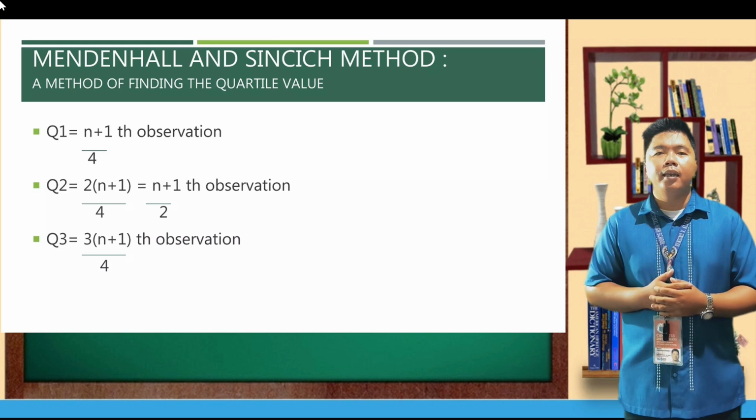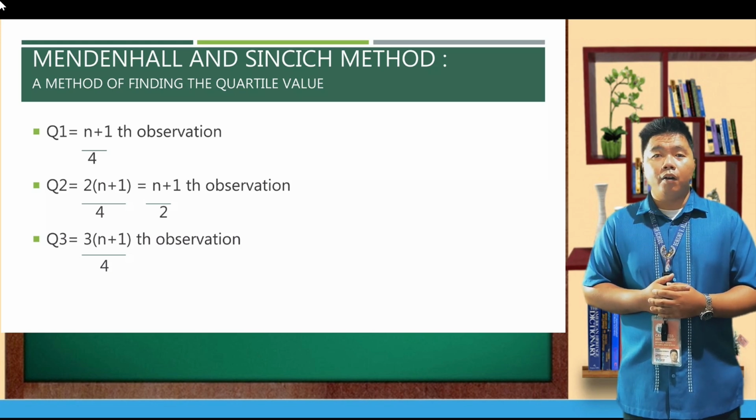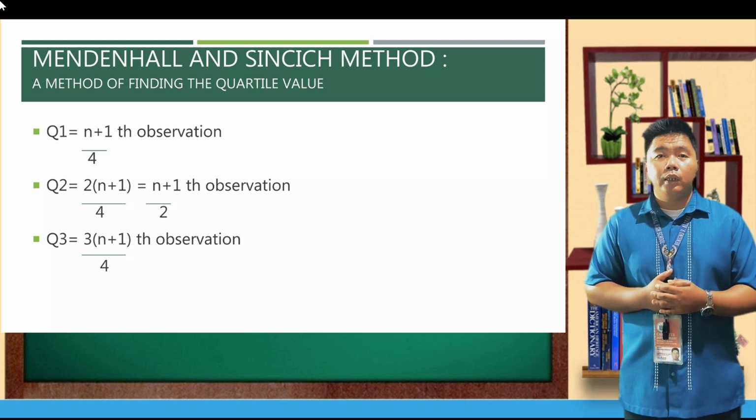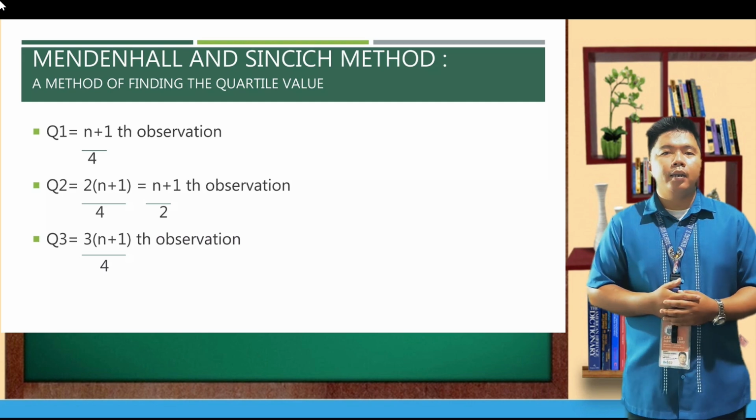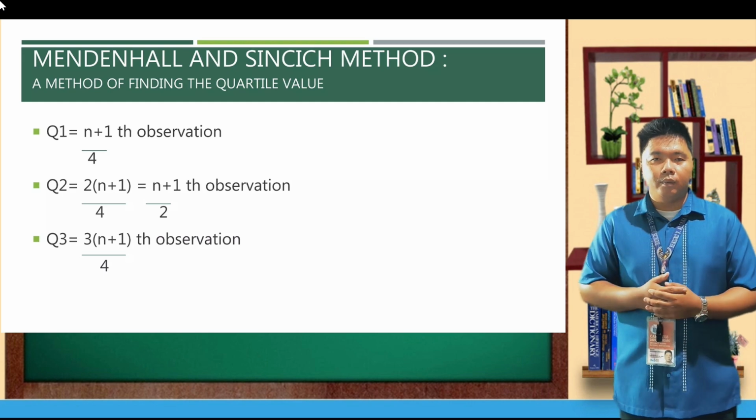Again, wherein n is the total number of data. Third, for our Q sub 3, we have Q sub 3 is equal to 3/4 times the quantity of n plus 1. So that is for the formula of the Q sub 1, Q sub 2, and Q sub 3.